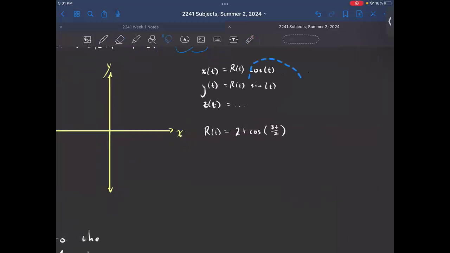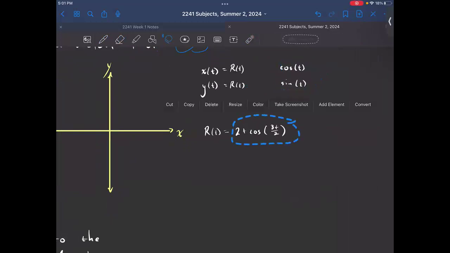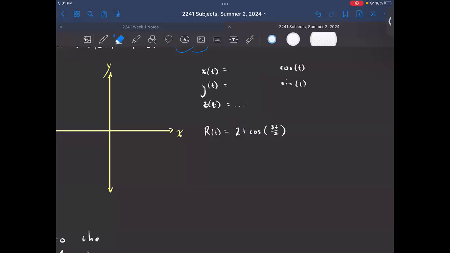Let's move this over, not erase it. 2 plus cosine of 3t over 2 times cosine, and 2 plus cosine of 3t over 2 times sine.